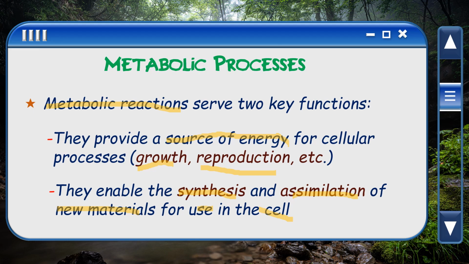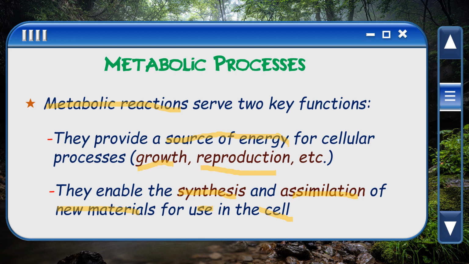In cell division, we are going to form new cells, but these new cells need organelles. So when those organelles are formed, that's what we call synthesis. And this process of synthesis is a metabolic reaction. So metabolic reactions enable the synthesis of new materials that will be used in the cells. Now, we also need energy for these cells to be formed.